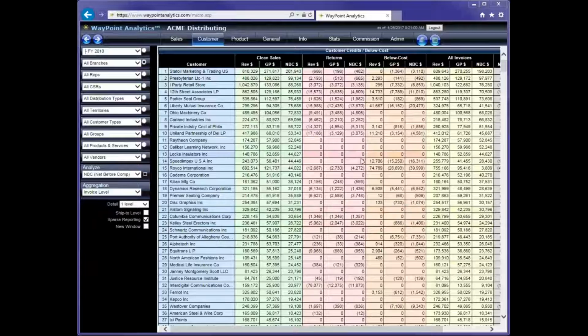And one of the things that we've noticed as we've been looking at what matters to our distribution clients is that when you look at that credit report, a company that has only a few customers getting credits back is probably working on other things, but companies where a very large proportion of their customers generate those returns and credits generally have a policy issue that ought to be addressed, because those things can drain significant, outsized profits from the business.